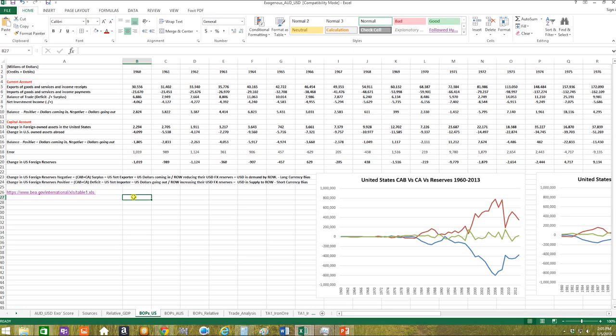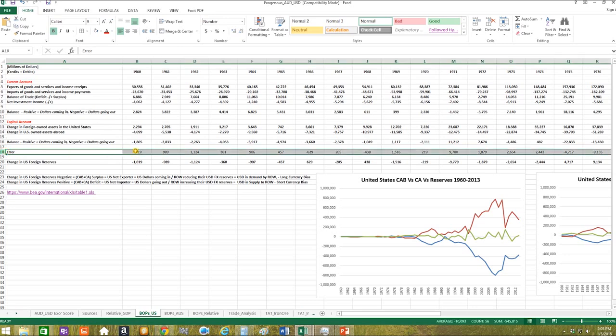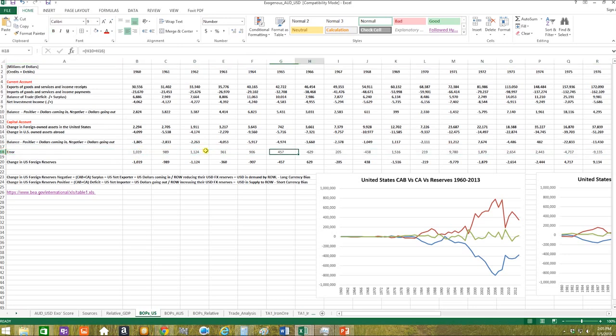So we're starting in the United States, and what we've got is the current account and the capital account, and both of them have a balance. In theory, these two should actually equal 0. But you can see here on row 18 that every year there seems to be an error.